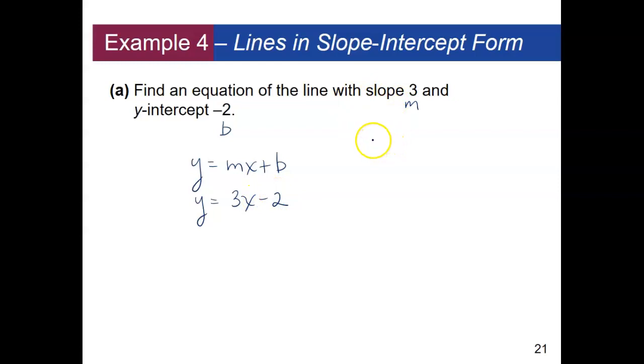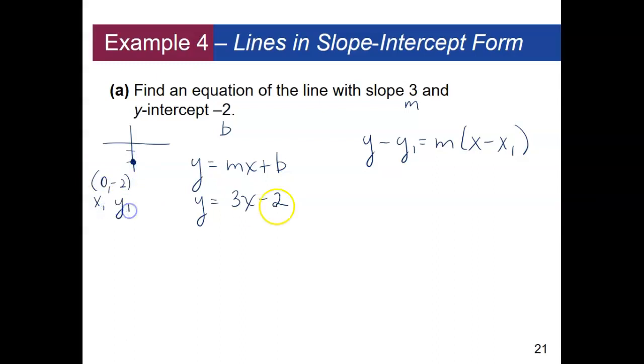If I wanted to go back to point-slope form, I could. I want to show you that here. If I have a y-intercept of negative 2, that means it's touching the y-axis at negative 2. So my coordinates would be (0, -2). This would be my x1 and my y1.